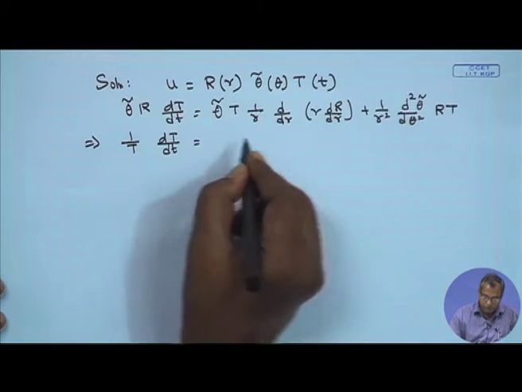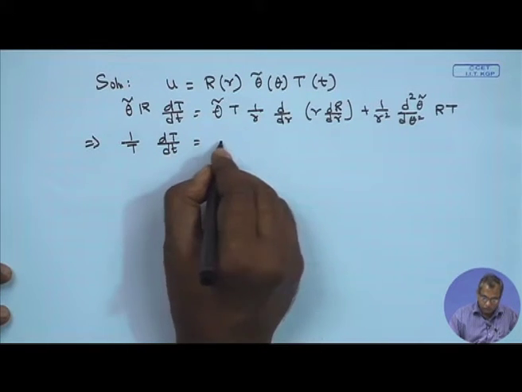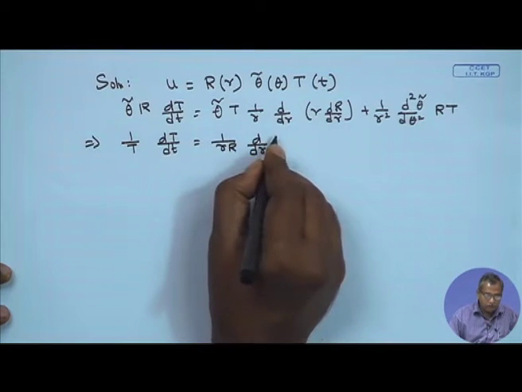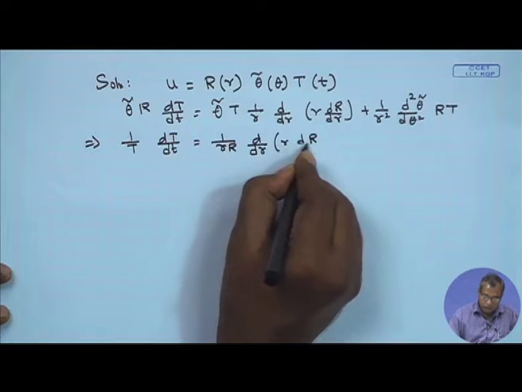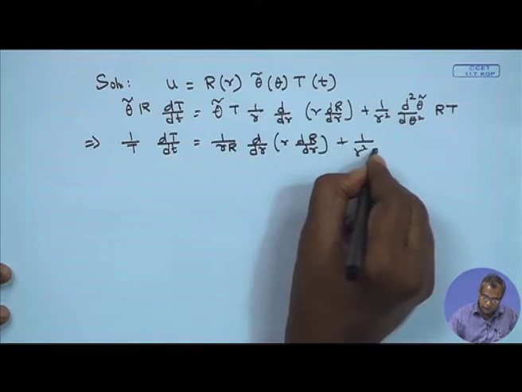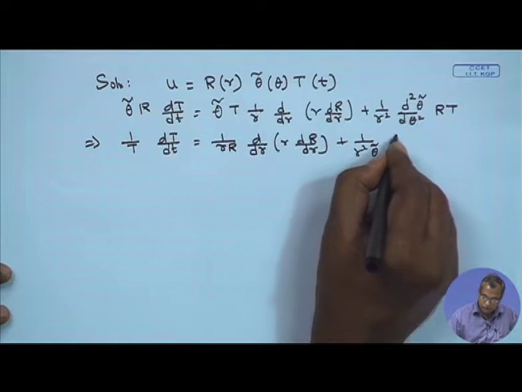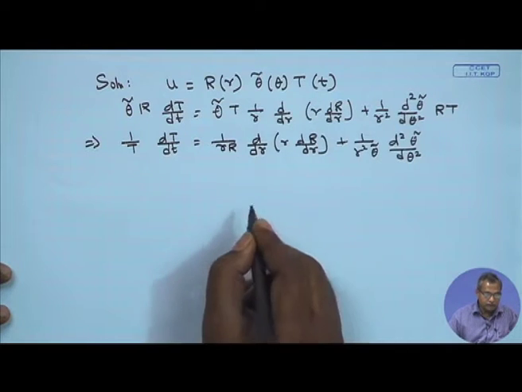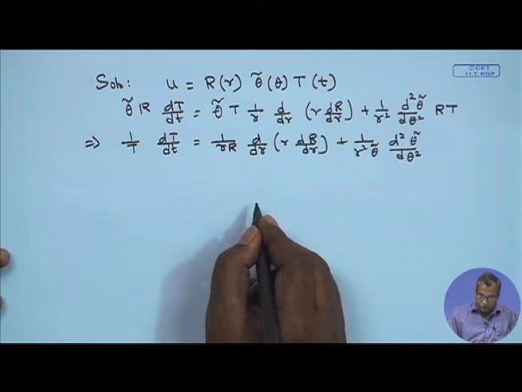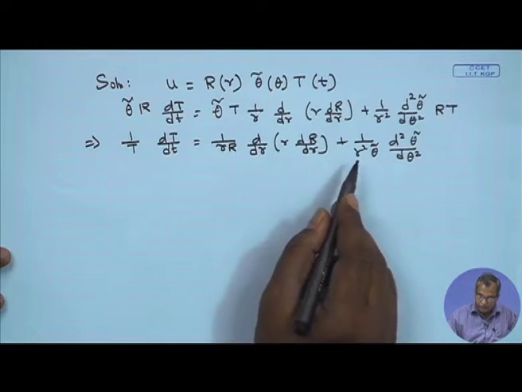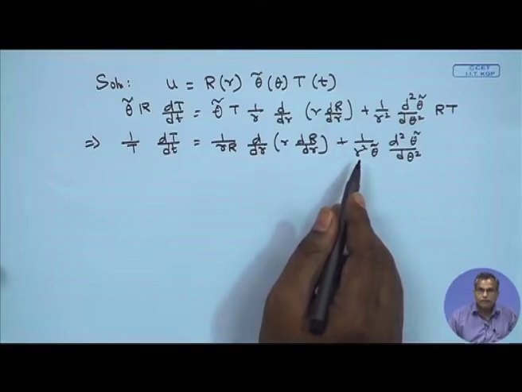We will be getting 1 over T dT dt equal to 1 over R d dr of r dR dr plus 1 over r square theta hat d square theta hat d theta square. Next, we will be multiplying r square on both sides and try to formulate a standard eigenvalue problem in the theta direction.